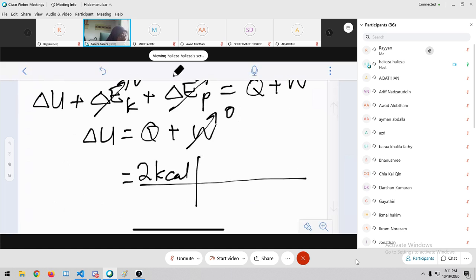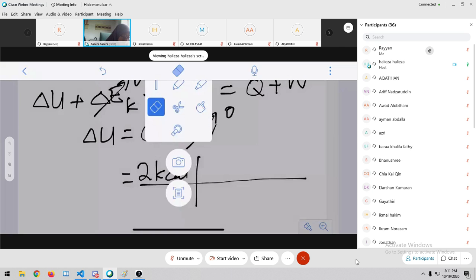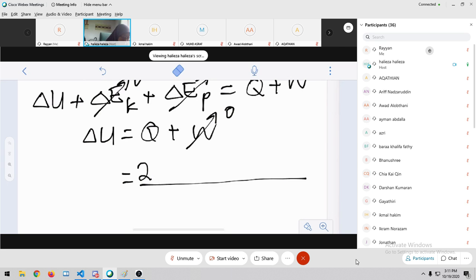So have a look inside your textbook at the conversion table, behind the front cover on the first page. We are looking at kilocalorie. Do we have kilocalorie here? We have calorie, only calorie. So change this into calorie, times 10 to the power of 3.